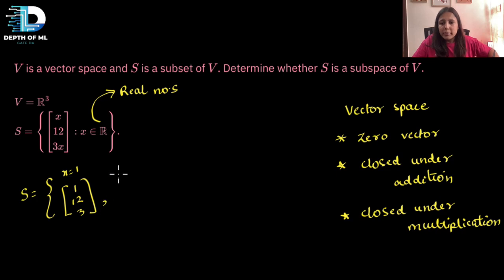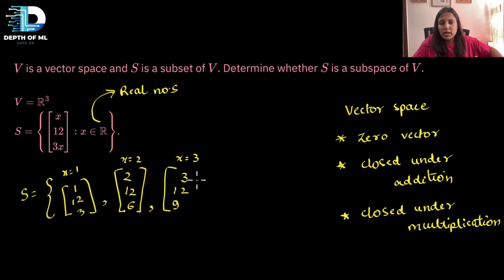Now let me say x equals 2. Then I'll get 2, 12, and 3 times 2, which is 6. This is another vector. Then let me take x equals 3. Then I'll have 3, 12 and 3 times 3, which is 9. And so on. All the vectors will be of this form.